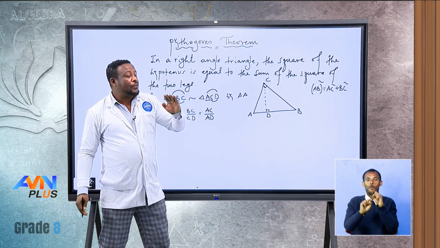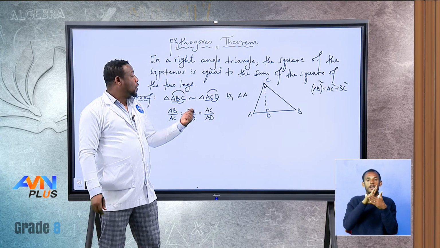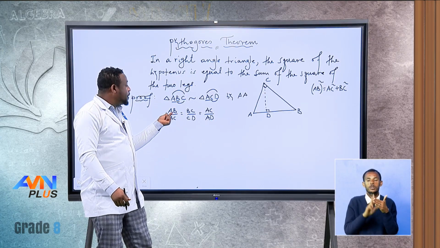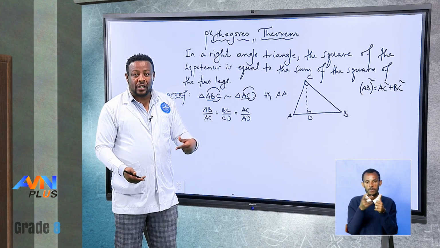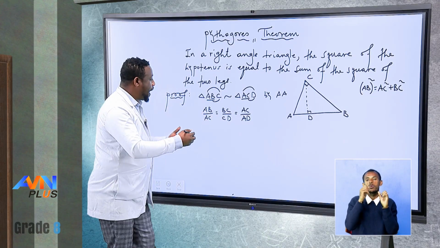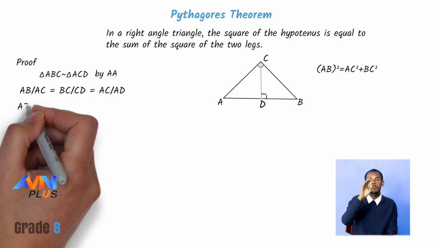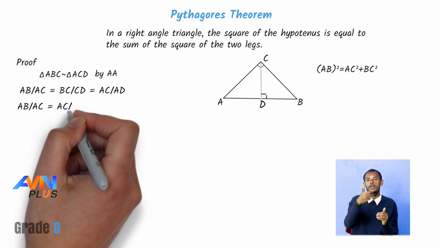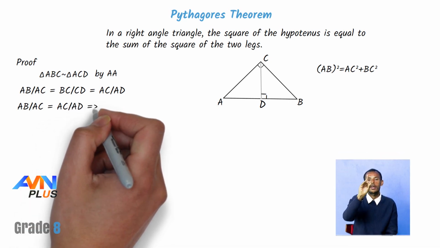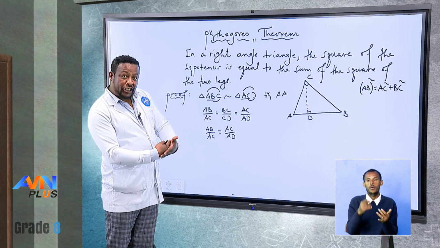So from this ratio, you can take the first one and the third one. From the first and the third, AB over AC is equal to AC over AD. Now you can cross-multiply.